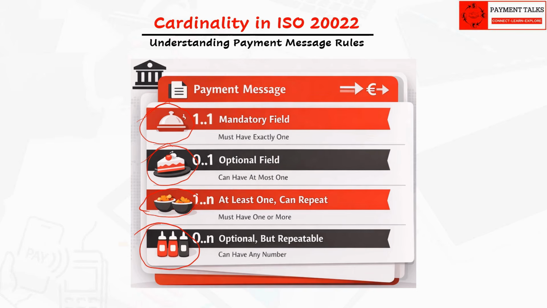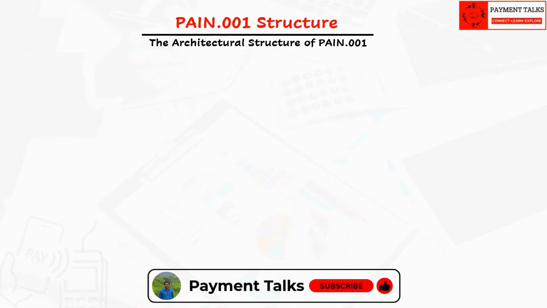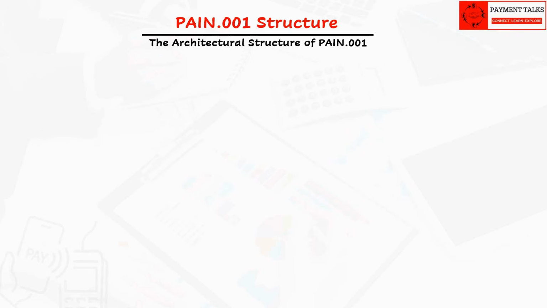With this clear understanding of cardinality, we will now move to the structure of PAIN.001. PAIN.001 belongs to ISO 20022. ISO 20022 messages are built with one clear principle. Model the business reality explicitly, not implicitly.